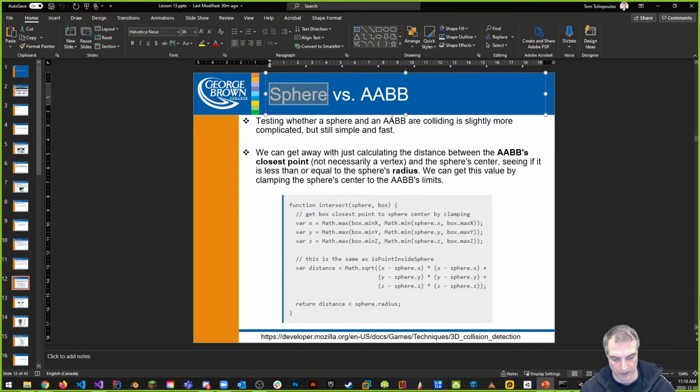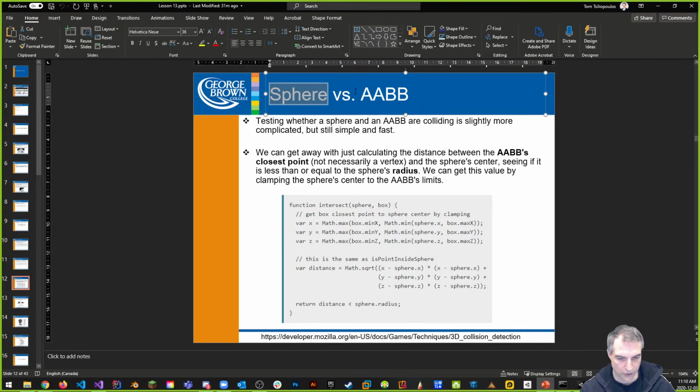Easier than AABB because, although maybe not as accurate, logically, it'd be really, really hard for you to see the logical collision versus the visual collision. That's really difficult to see in 3D, so spheres are used a lot, okay?